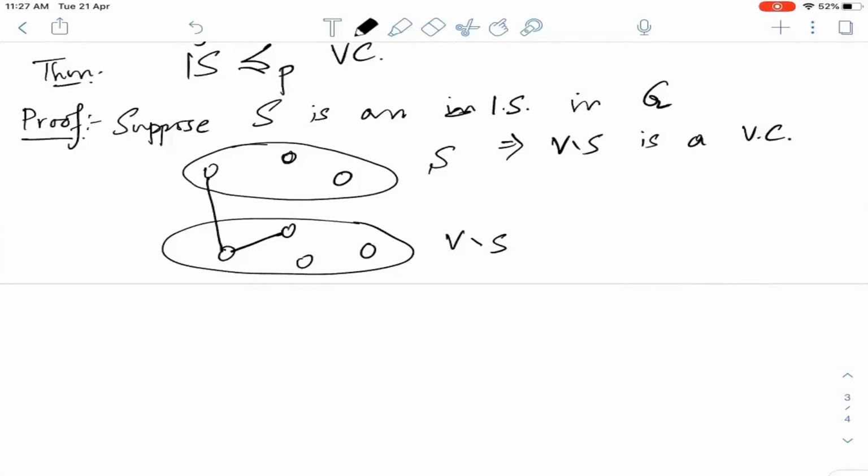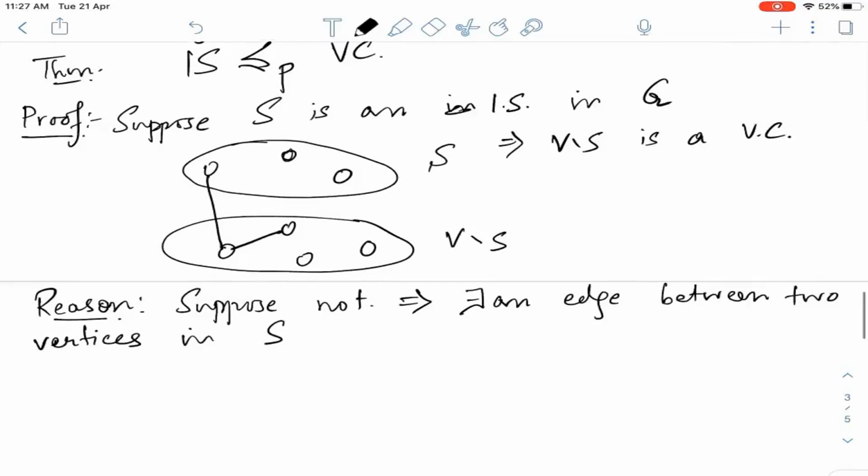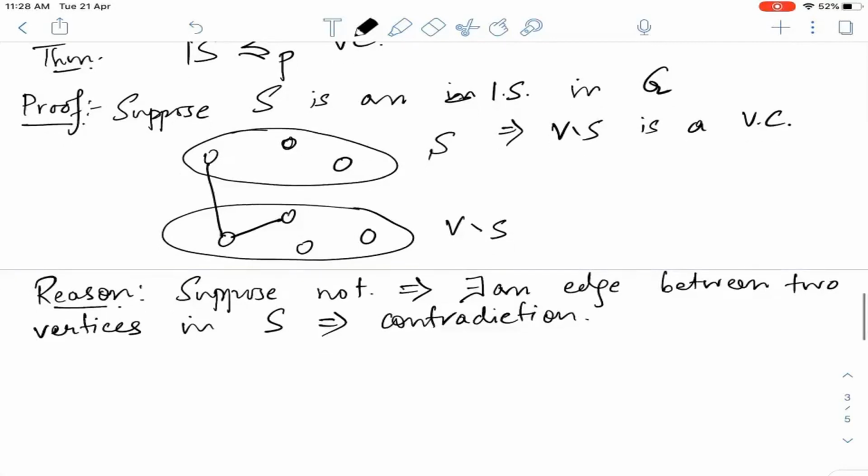And the reason is, suppose not, then this implies there exists an edge between two vertices in S, okay? And this implies a contradiction. So this is only one side.